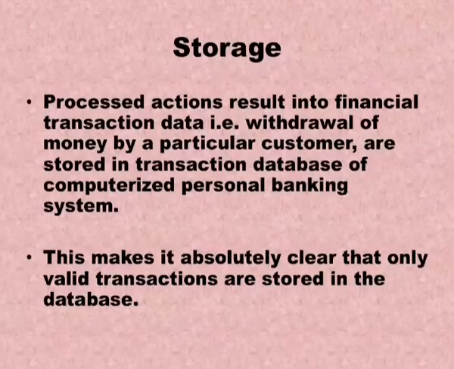Fourth is storage. Process actions as described above result in financial transaction data, that is withdrawal of money by a particular customer, which is stored in the transaction database of the computerized personal banking system. This makes it absolutely clear that only valid transactions are stored in the database.